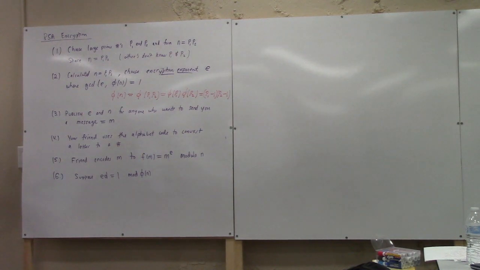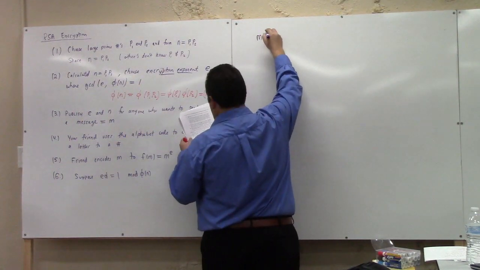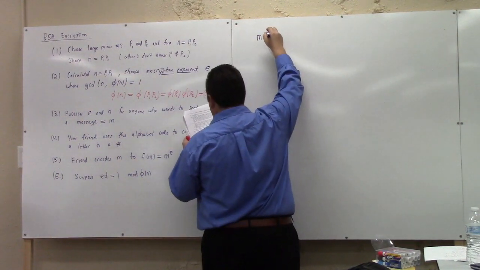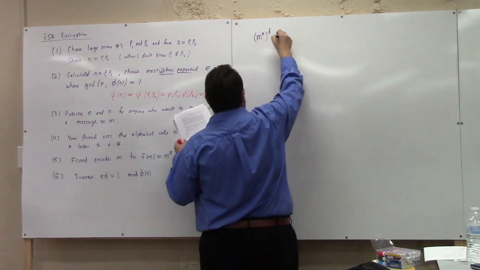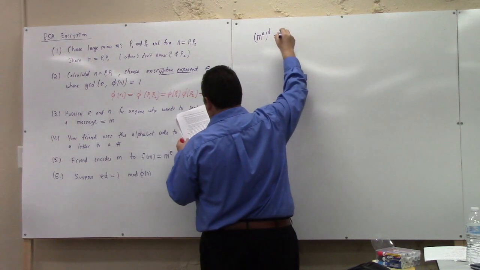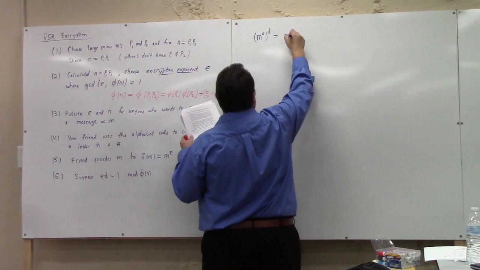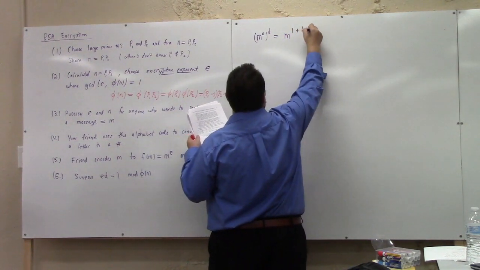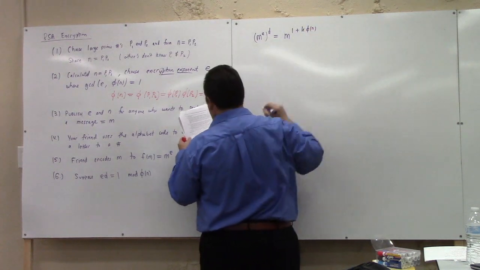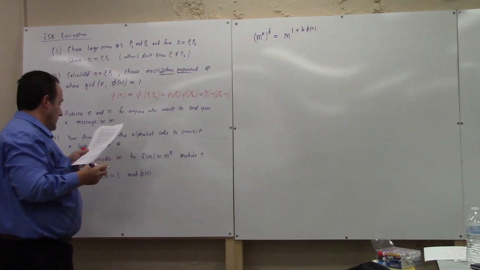Now, let me do a little calculation. Let's work it out. M to the E to the D is equal to M to the 1 plus K times phi of n. How do I know that?